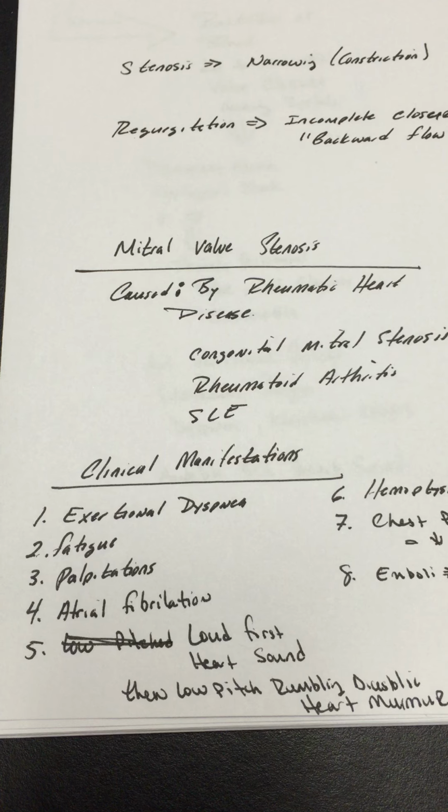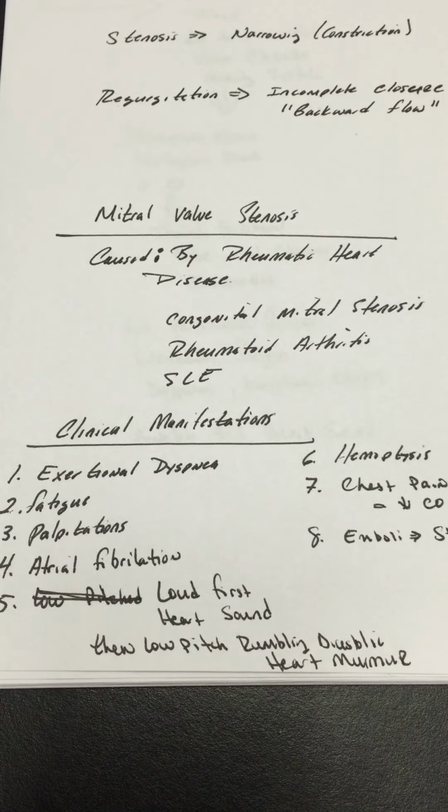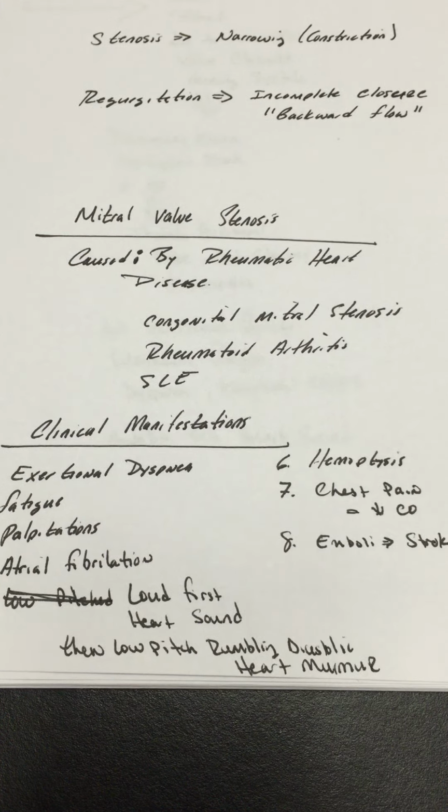If you were to auscultate the heart, listen to the heart, you'd find a loud first heart sound followed by a low-pitched rumbling diastolic heart murmur. Now we're going to talk about these here in a little bit.